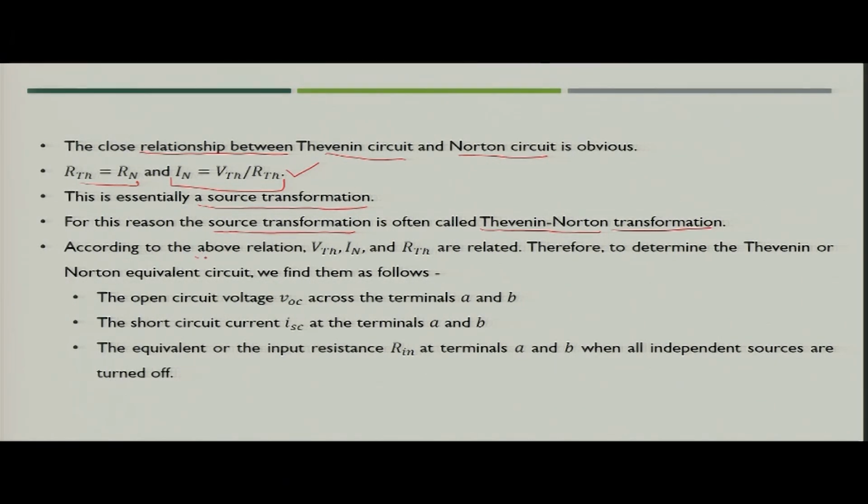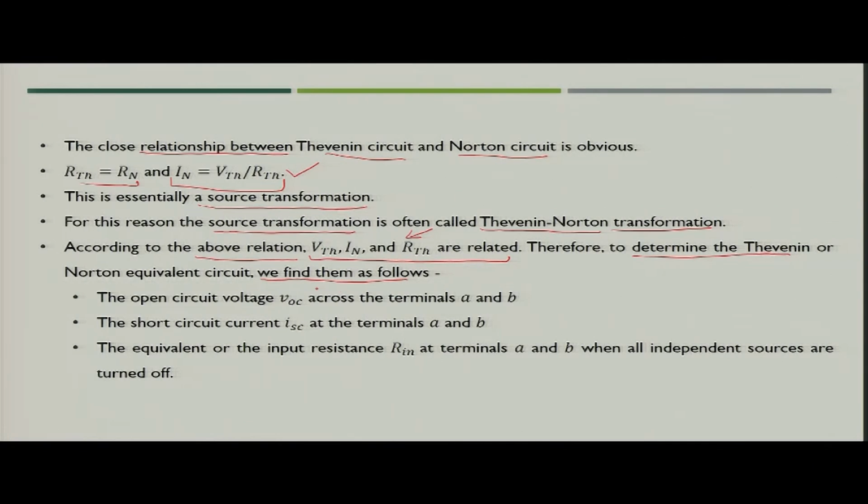Now, according to the above relationship, we can see that VTH, IN, RTH are related. Therefore, to determine the Thevenin or Norton's equivalent circuit, we need to find them with the help of a circuit analysis technique, which may be mesh analysis or nodal analysis. So, we have VTH, IN, RTH as unknown variables which we have to find out.